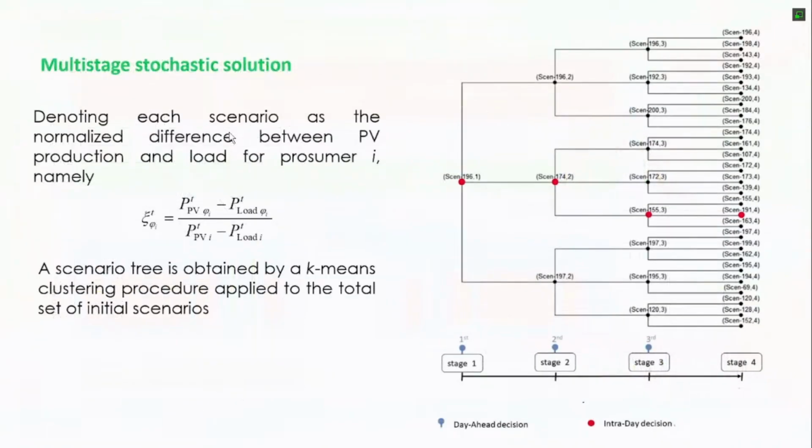And then this is the description of the multi-stage. We take into account this parameter, the value that is now stochastic because it is affected by the uncertainty. It is the difference between the photovoltaic production for its users and the load for its users.